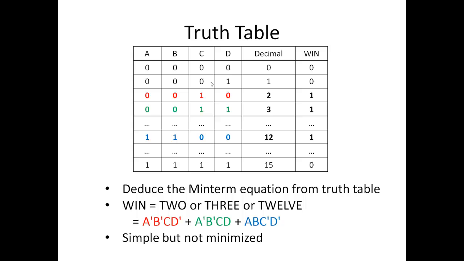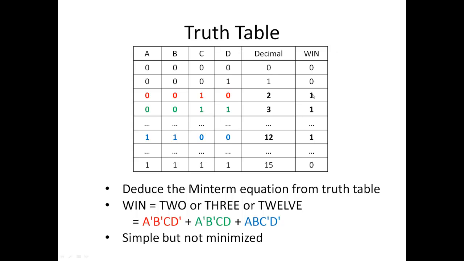We are going to create a truth table that has A, B, C, D, the 4 inputs which you can give from the switches, a decimal representation of ABCD, and whether the player wins or loses. As you know, the player wins only when you draw 2, 3 or 12, which is queen. With this truth table, we can deduce the minterms. What is the condition for win?